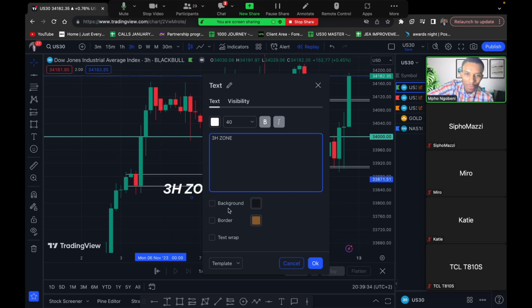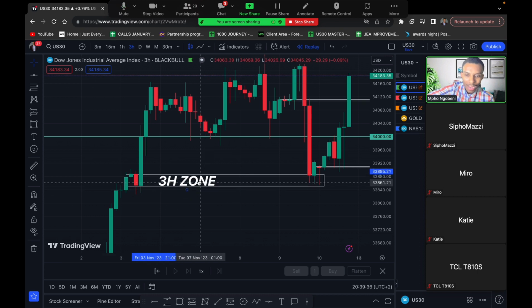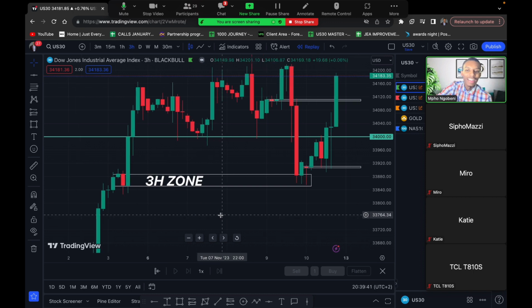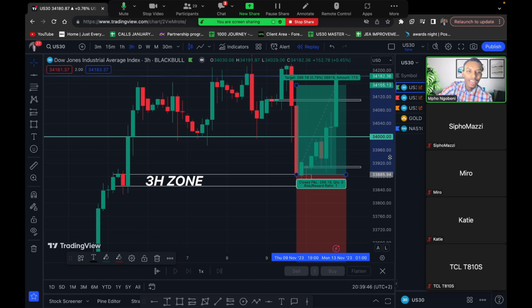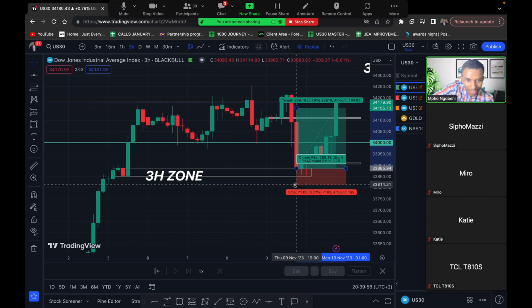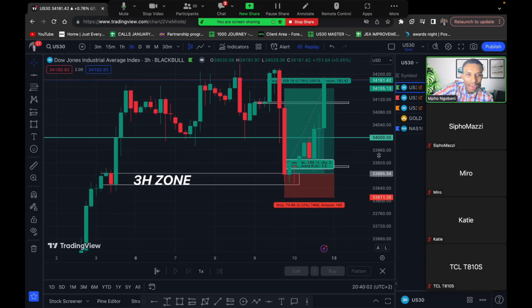If you've been following my signals in the group, this is how I do it. I say 3-hour zone, and then I'll send an entry right there. My entry is always just next to it, just above the candle, and then my SL is just below it, and then I'll aim for the take profits.